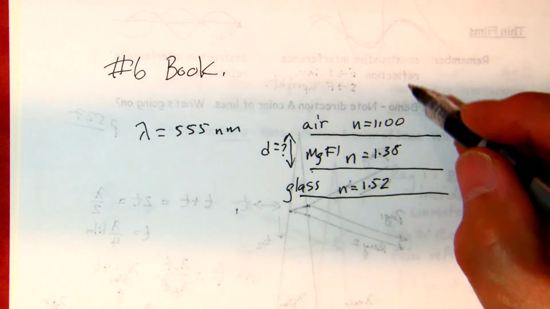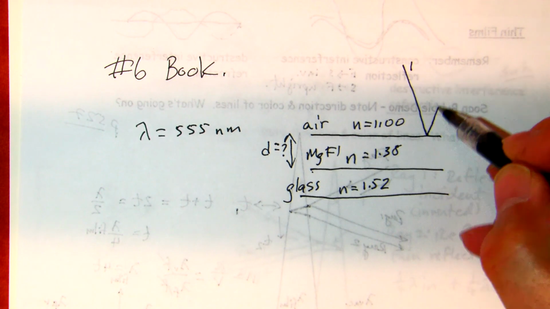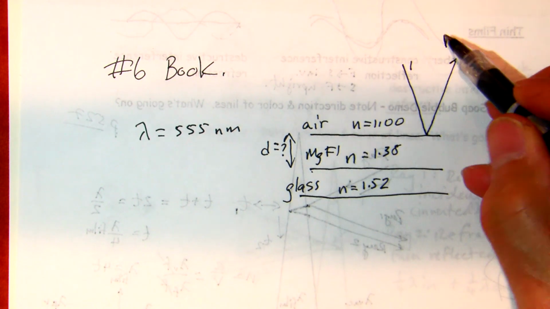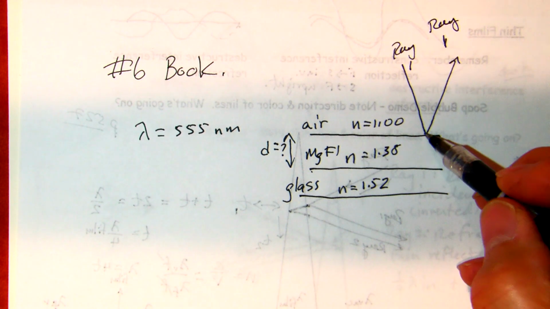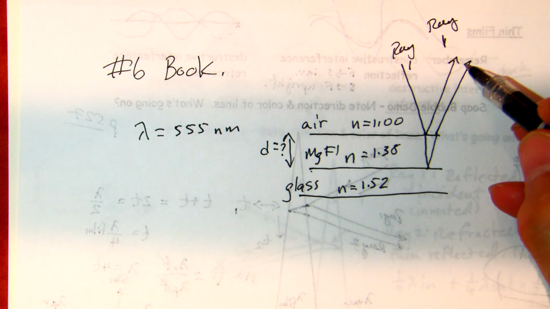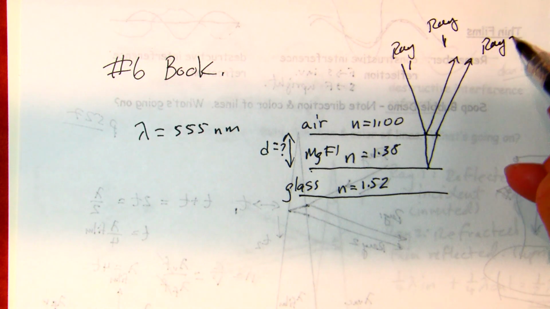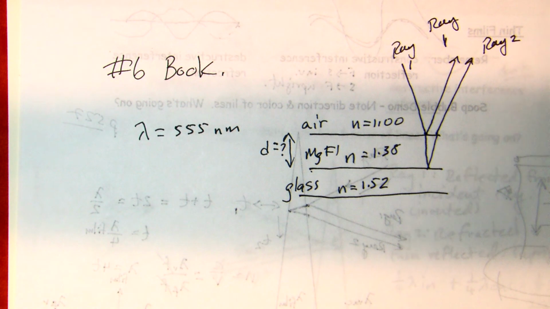Okay, so ray 1 is going to come down. It's going to hit and it's going to be reflected. So this is ray 1. Ray 2 is refracted, reflects off of here, and comes back up here. We want ray 1 and ray 2 to be a half a wavelength out of phase to get destructive interference.